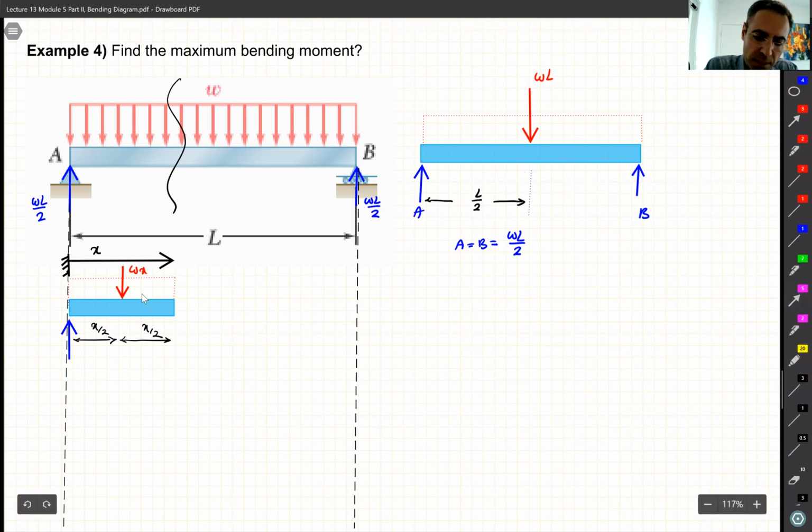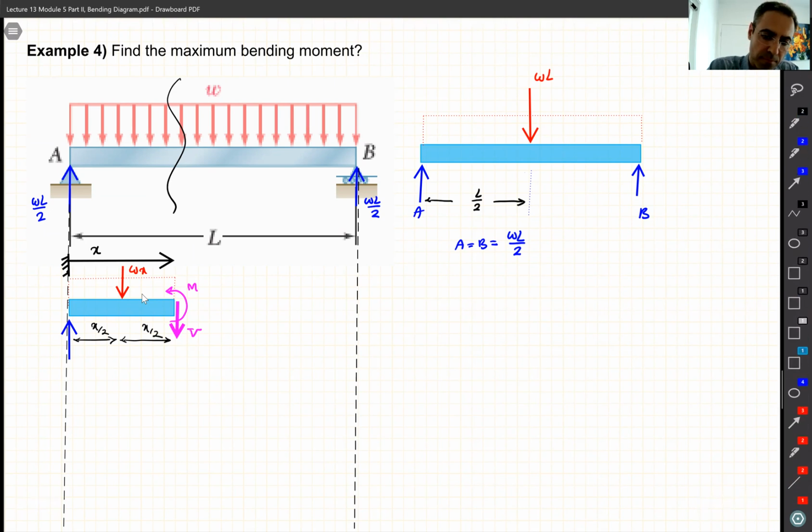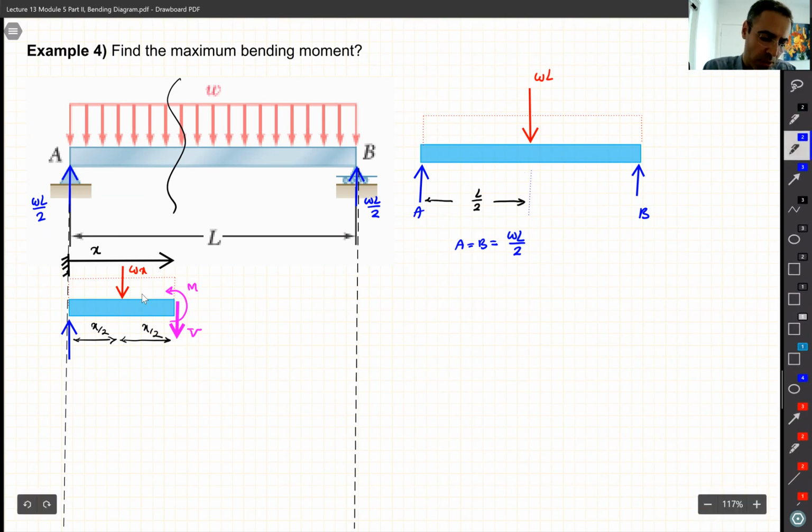So we keep the left section, and on the left section, according to what we agreed, we are going to have V coming down and M. So M and V. So far good. We write down our equation for this point. Let's call it S, because we did section S here.